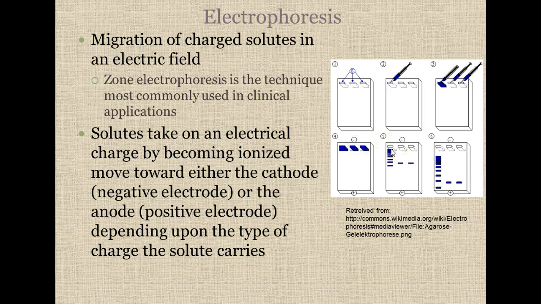Now, the sample is going to travel, depending on the charge of the molecules, the proteins will travel from the cathode towards the anode. And the different proteins will separate out. Okay, so by the time it's done, we'll have all these different separations on here. We can then go through and stain this and look at it to see exactly which ones are present.